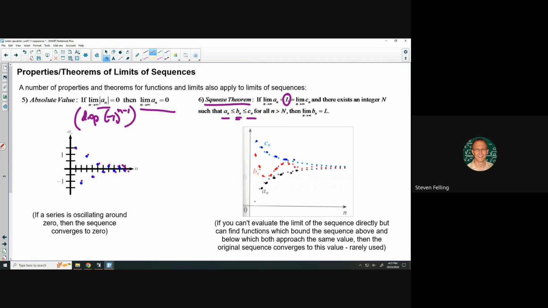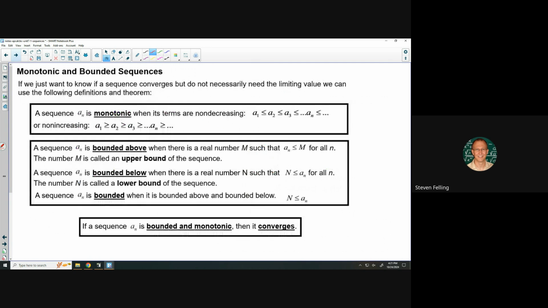Then if you can show that the sequence above converges to a number, say 6, and the sequence below converges to a number, say 6, if they converge to the same number, then by the squeeze theorem, the sequence in between also converges to that same value 6. So we don't use that a lot, but it's good to know that that's available in our toolkit if we were to need it.